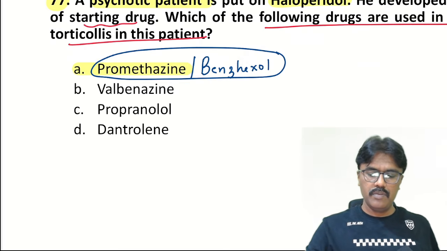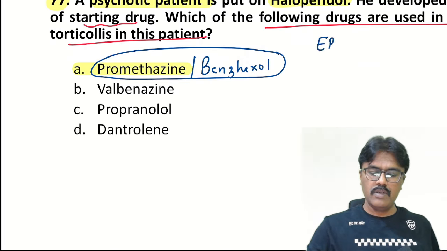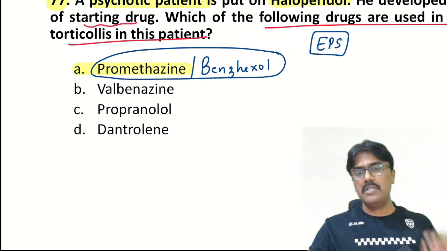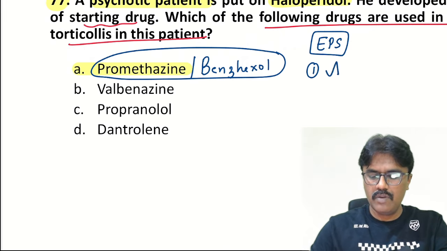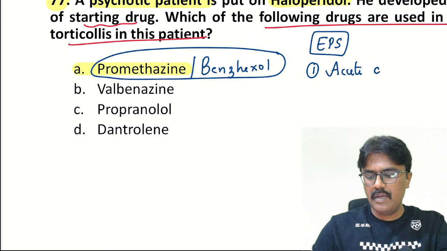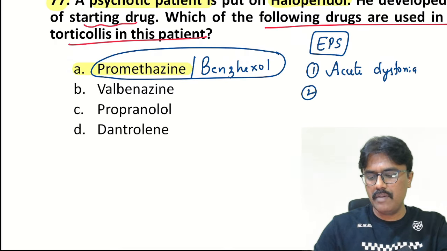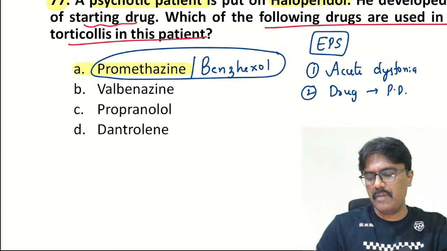Whatever I am telling you, these typical antipsychotics cause extrapyramidal symptoms, which are repeatedly tested. The first one is acute dystonia. I told you how to manage it. Suppose I give it to the elderly, they develop drug-induced Parkinson's disease, same treatment.